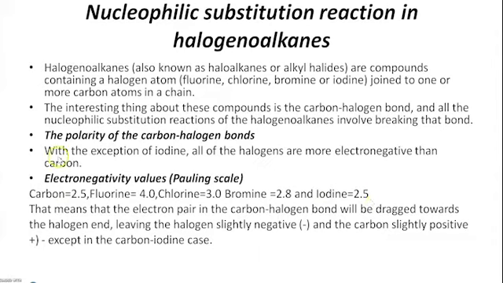That's why, with the exception of iodine, all the halogens are more electronegative than carbon. That means that the electron pair in the carbon-halogen bond will be dragged towards the halogen end, leaving the halogen slightly negative and the carbon slightly positive, except in the carbon-iodine case.